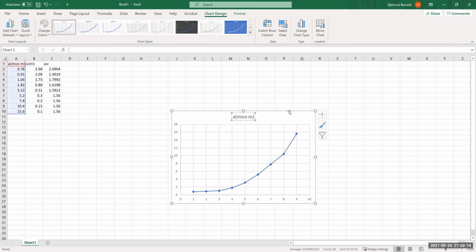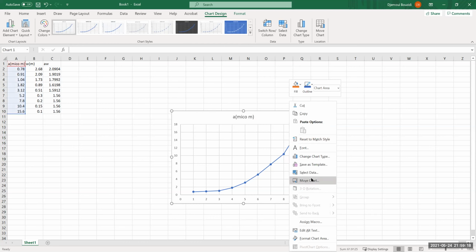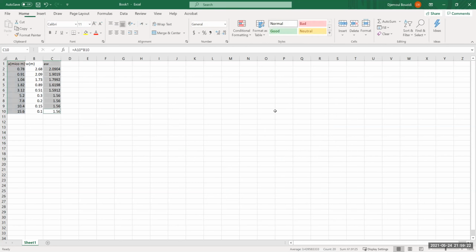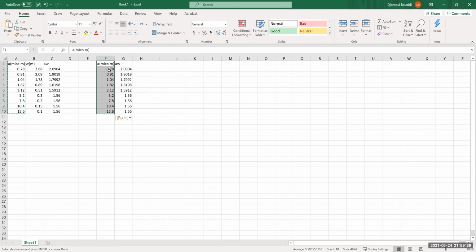No, it's giving me the wrong thing in here. Let me delete this. That's not the graph I want to have. Okay, so let me copy this since it did not work out for me correctly, and let me paste the numbers. Let me copy this and paste it in here, and let me do it normally.